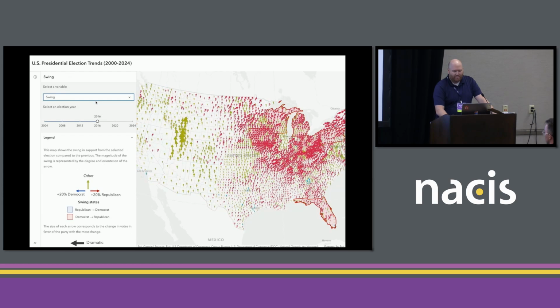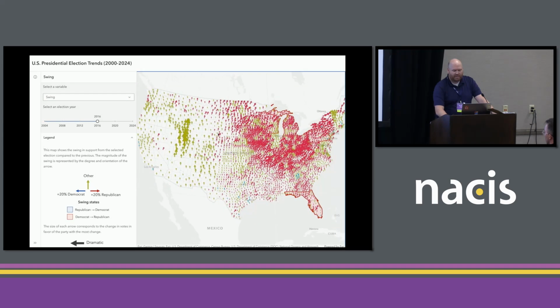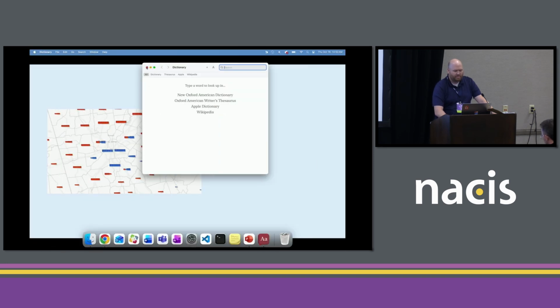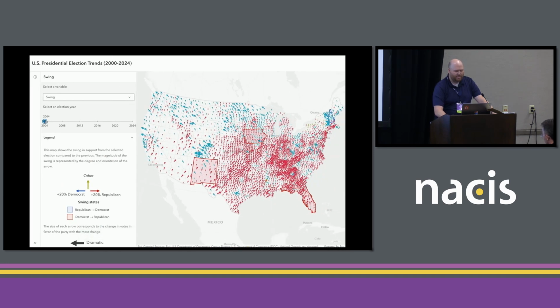Here I have the swing map. So in this case, this is not a look at who won. It's how much did the votes shift and which party had the predominant shift. So again, we have that interesting pattern in 2016. Let me go back here to 2004 and then just step through it a little bit.